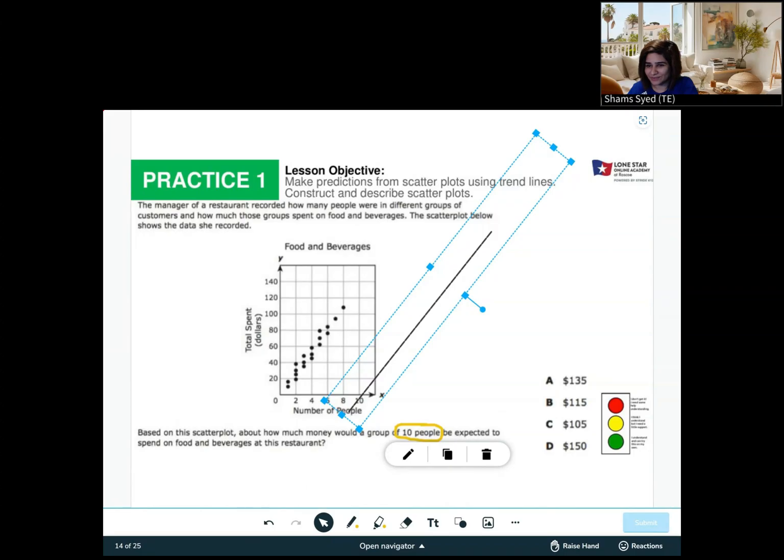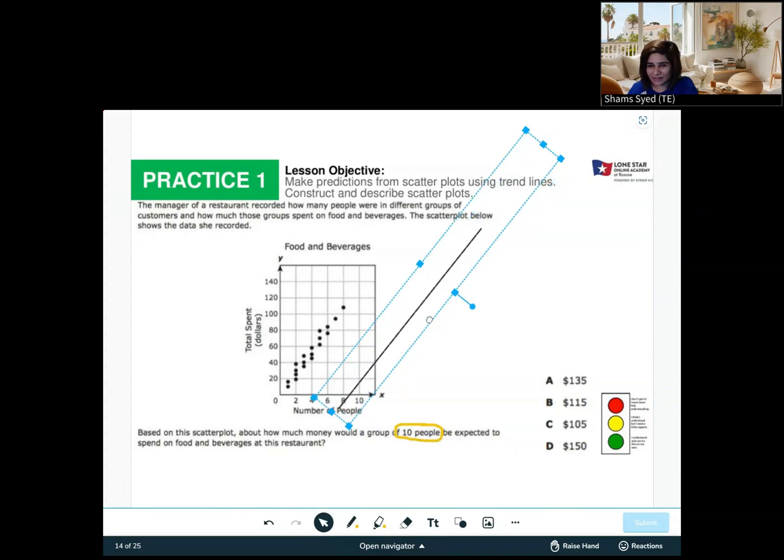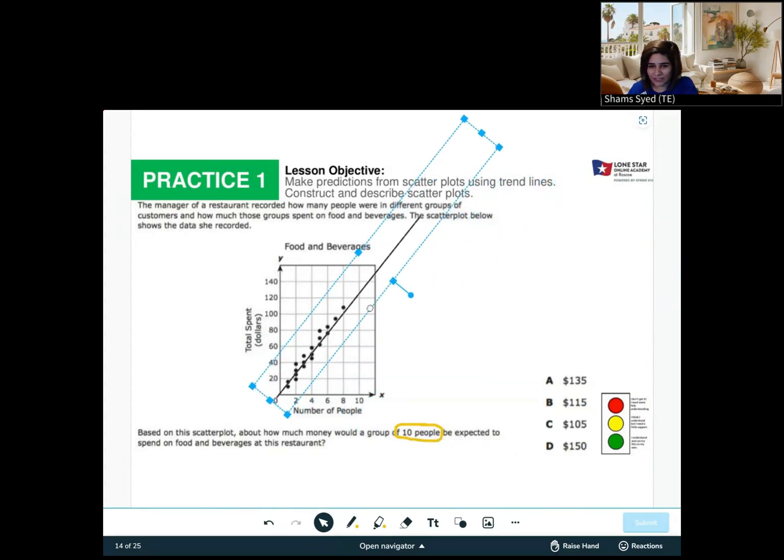Absolutely you can. And I will drag the line here so that it best represents the points, not away from the points, but crossing right through the middle, the trend line. So Caden, the number you chose does not match the number on the graph.